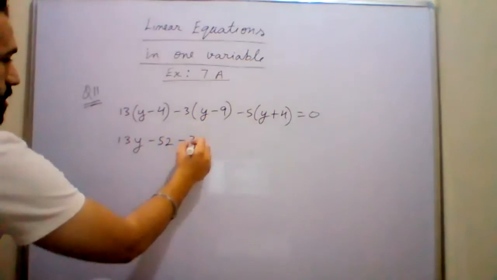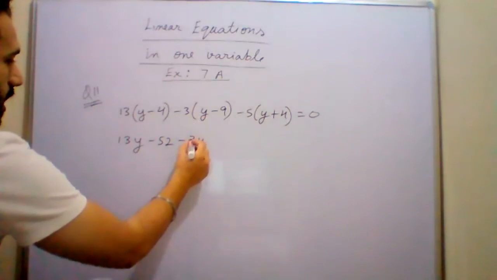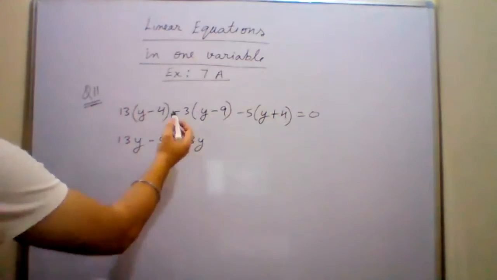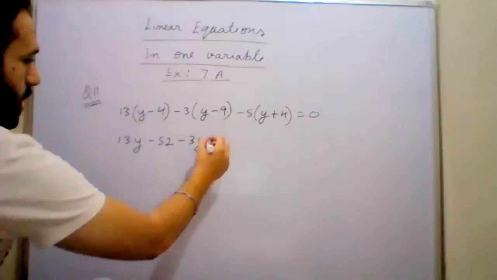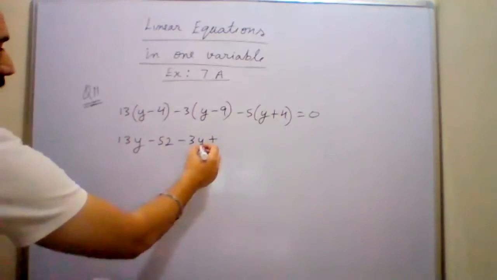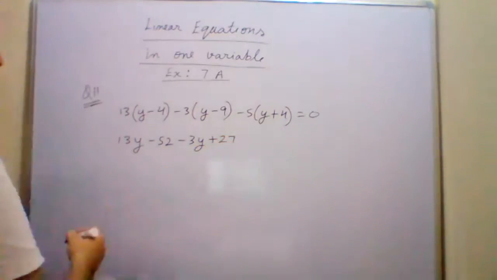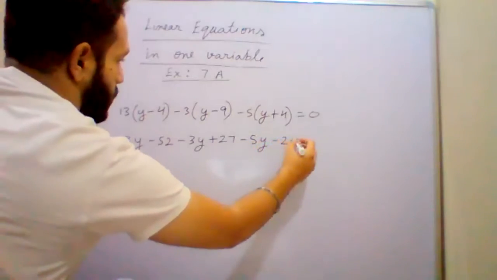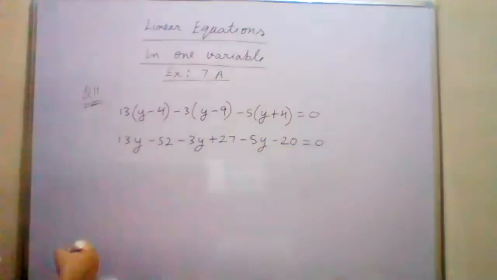Minus 3 into y is minus 3y. Don't forget this minus sign. Minus 3 into minus 9 is plus 27. Minus 5y and minus 20.